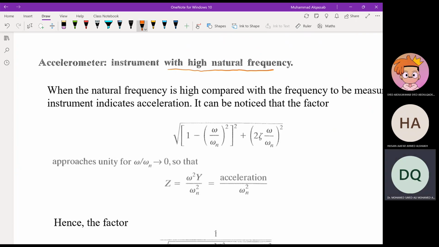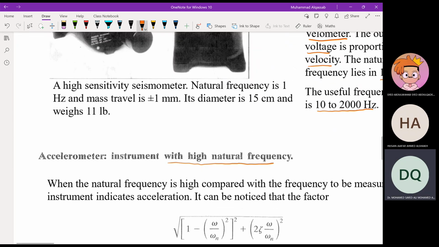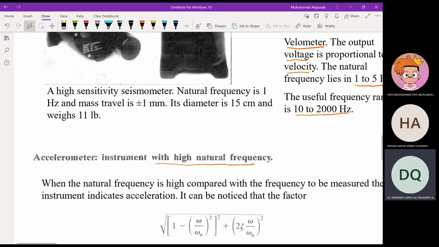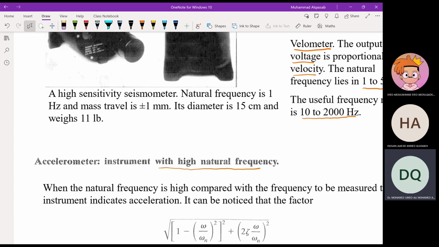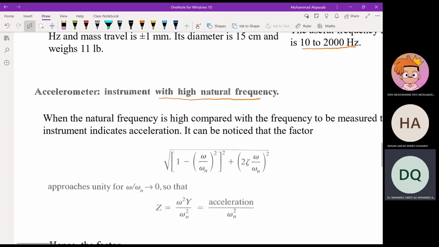Here its value will be on the order of kilohertz, very high. In the seismometer it is in hertz: 1 hertz, 2 hertz, 3 hertz, 5 hertz. But here it is in kilohertz, like 8,000, 10,000, or more.